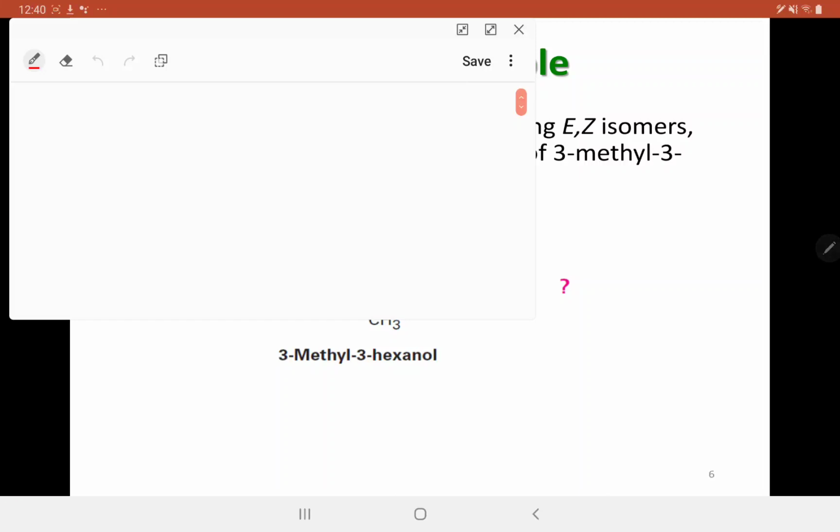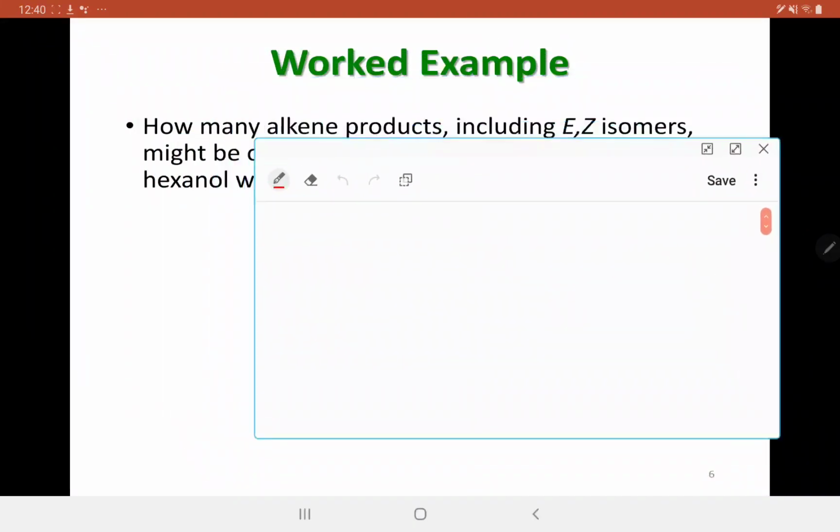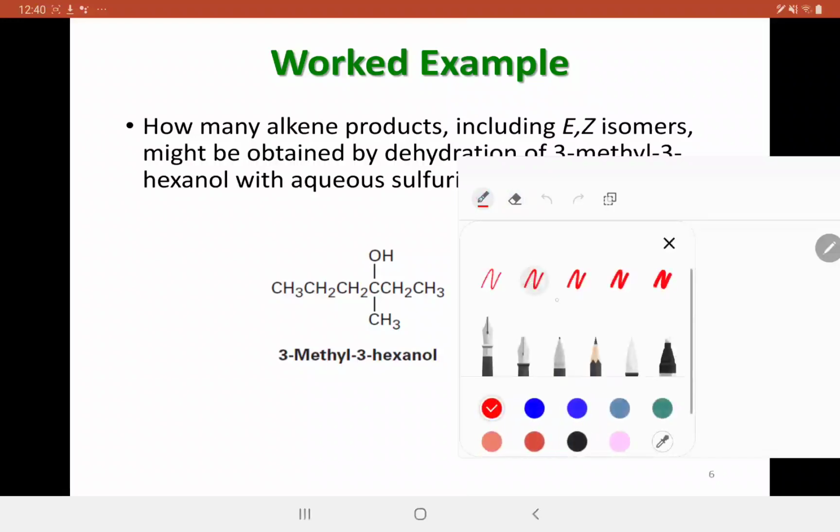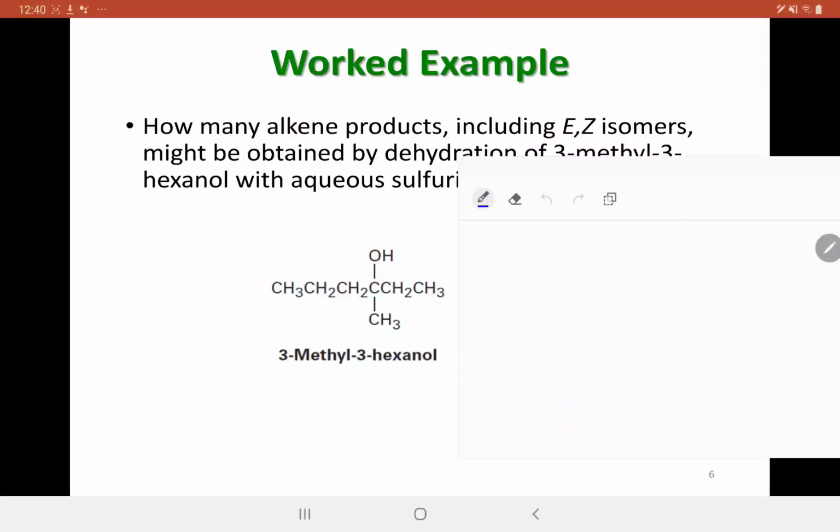All right, so here is the molecule that we have. You have 4 carbons: 1, 2, 3, 4, and then the 4th carbon has an OH. Then CH2.